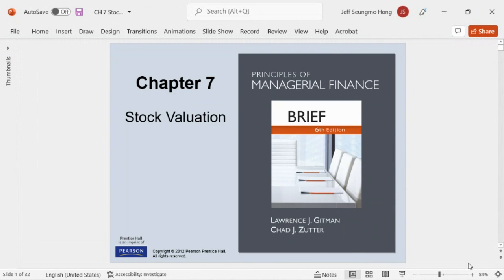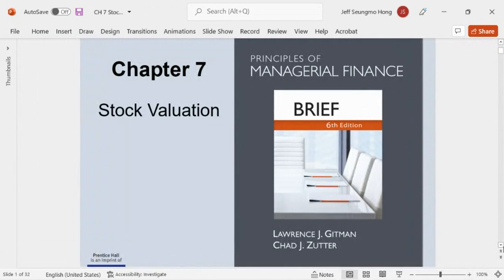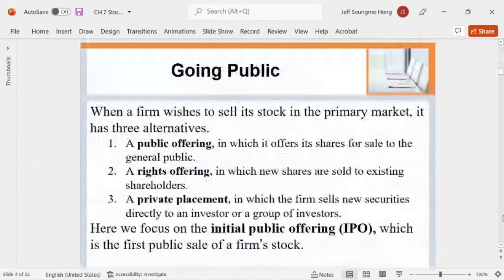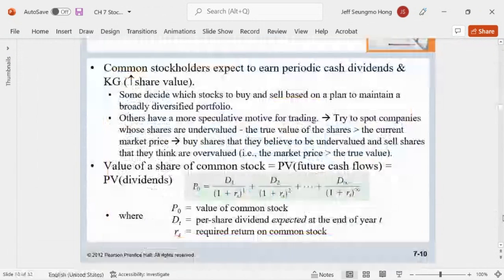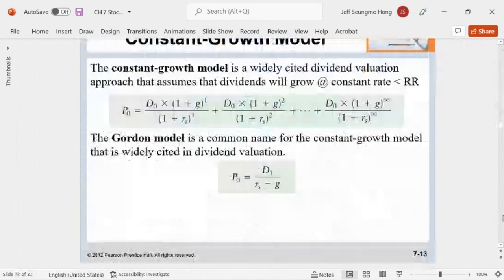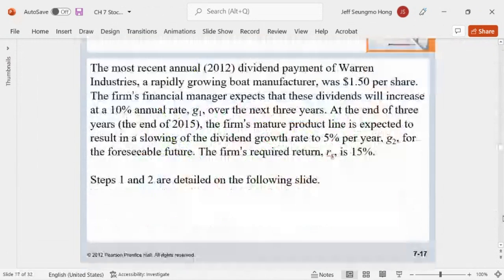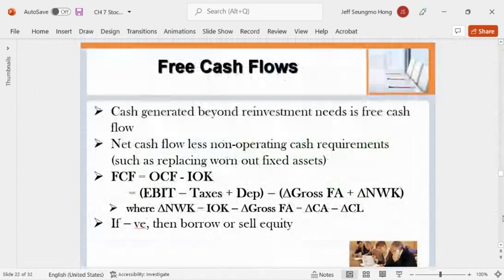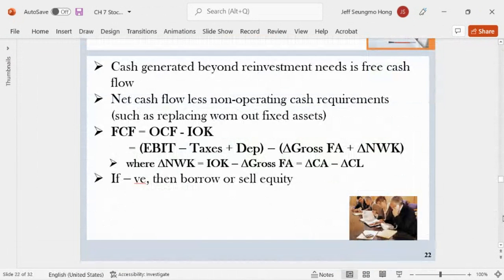Okay, here's the definition of free cash flow.